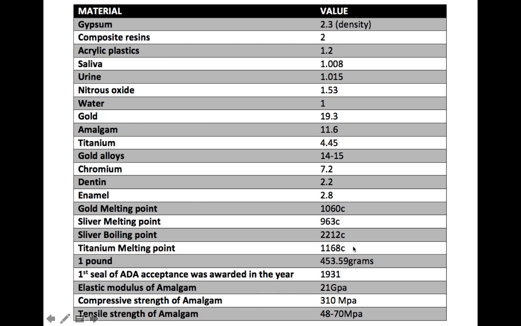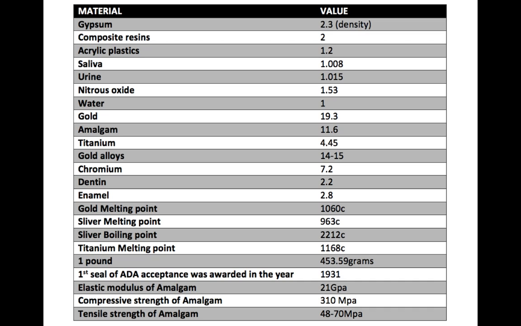So again, these are very important and most commonly asked numericals in your dental materials. Okay, I'm just going to brief you. These pics are taken from your power play books, neatly given with all the density values at one shot. Gypsum bonded products range from 2.3. Composite resins is around 2. Acrylic plastics is 1.2. Saliva is 1.008.